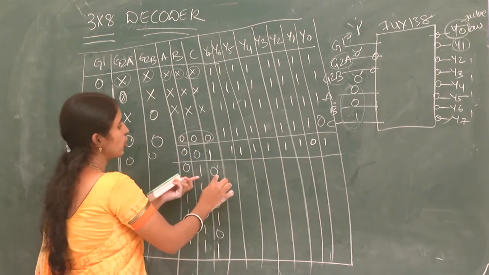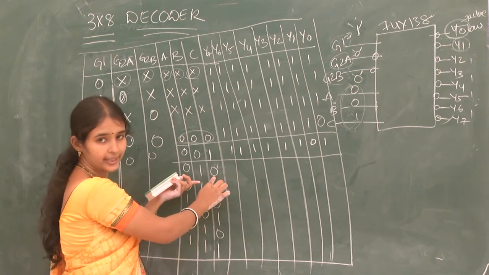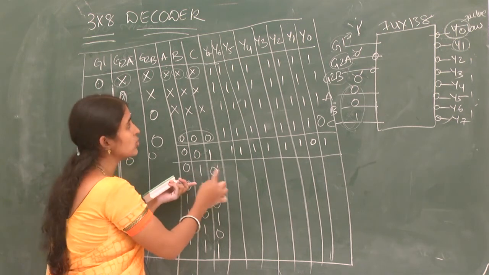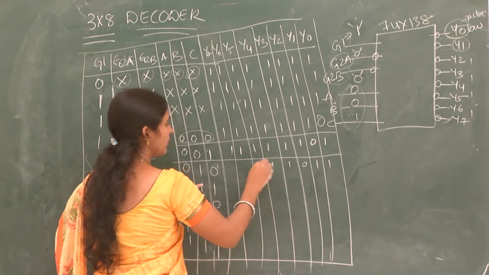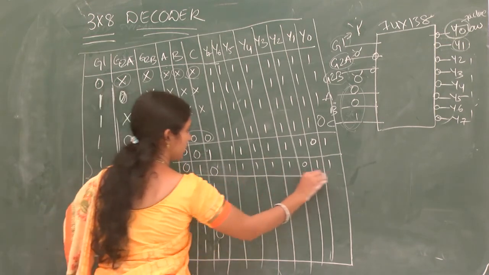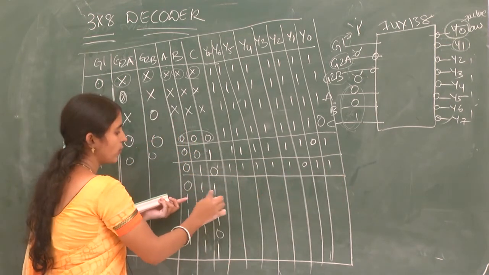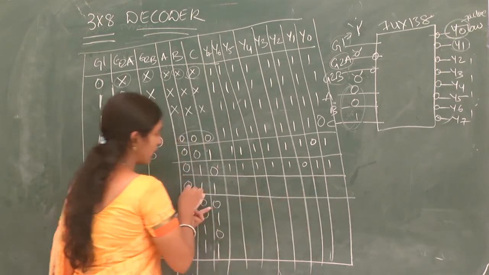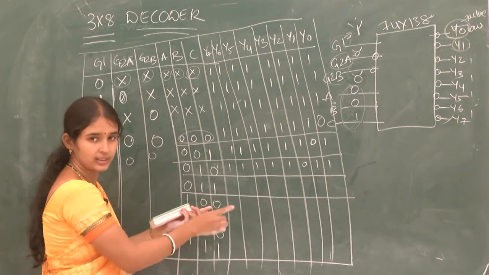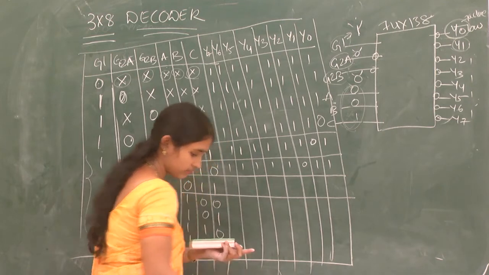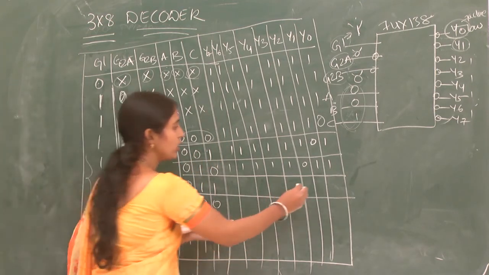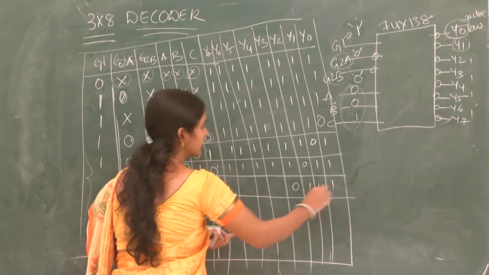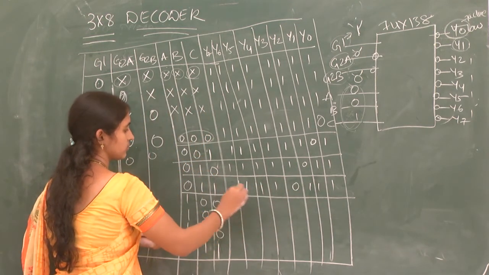Similarly, 0, 1, 0 indicates 2, so only Y2 will be 0 and the remaining will be 1s. Then 0, 1, 1 indicates your Y3, so only Y3 will be 0 and all other outputs are 1.